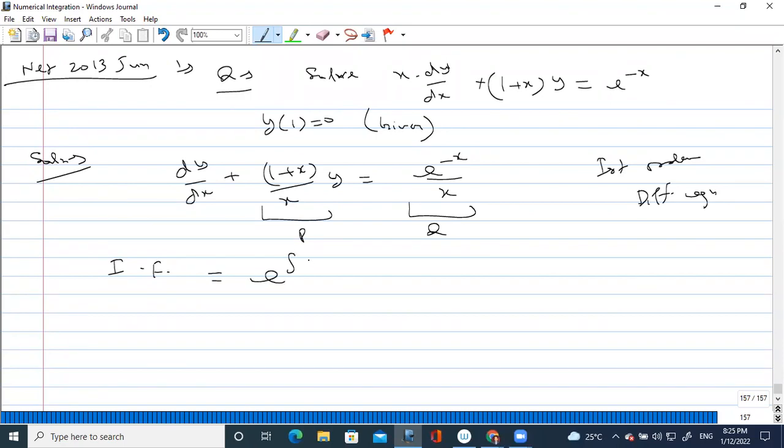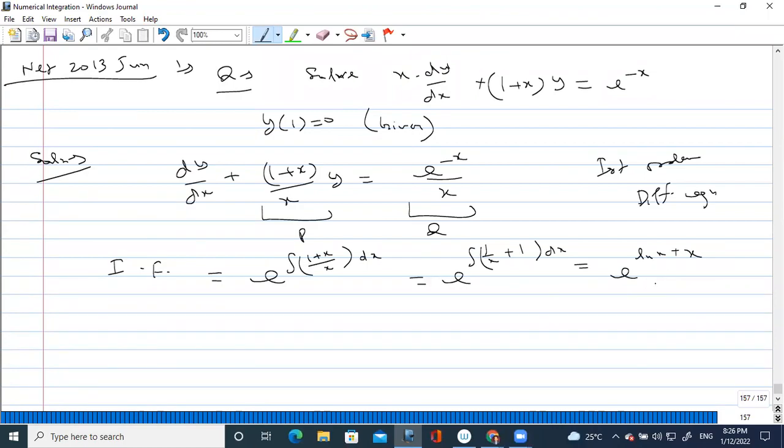Integrating factor will be e to the power integral of (1 plus x) by x dx. So how to integrate it? You can make it e to the power integral of 1 by x plus 1 dx. Now integrate it: integral of 1 by x is ln x, and integration of 1 is x.